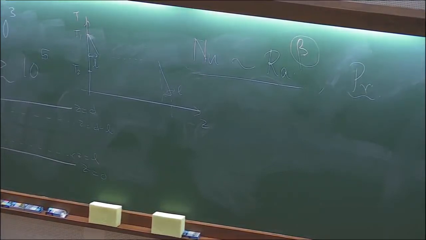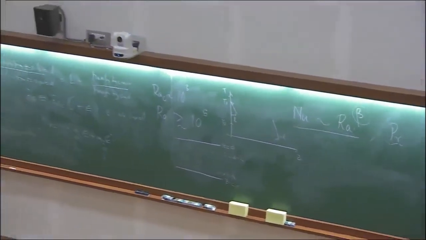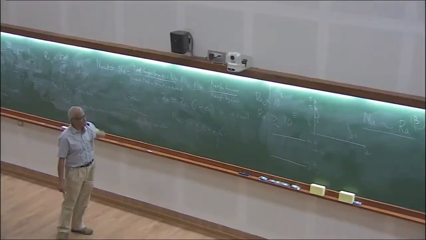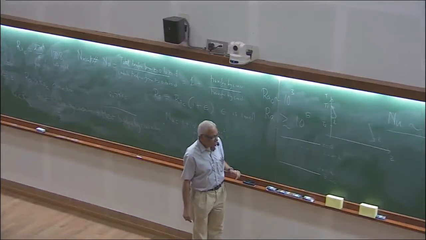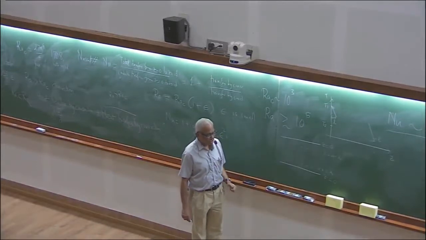So what is the action going to be? The Nusselt number is the total transfer from z equal to 0 to z equal to d, divided by the conduction alone. Now, what's the amount of heat which is leaving this boundary over here?